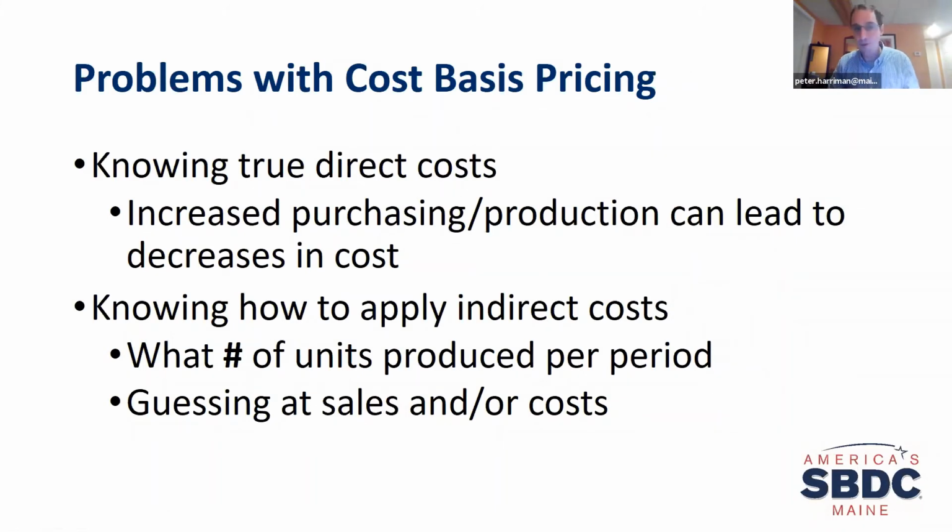Now, there's some problems with cost basis pricing, the first step that we're doing of the pricing webinar here. Knowing the true direct cost, because as you know, if you order more, that can lead to a decrease in cost, right? And oftentimes I see some people go through different scenarios of, oh, if I order 1,000 units, it's this price.